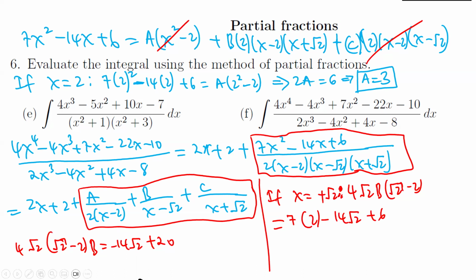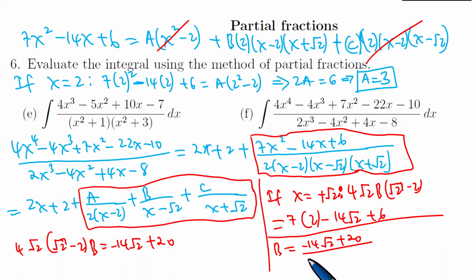And at this point, you have B is equal to, you can divide through, getting minus 14 square root of 2 plus 20 divided by 4 square root of 2 times the square root of 2 minus 2.